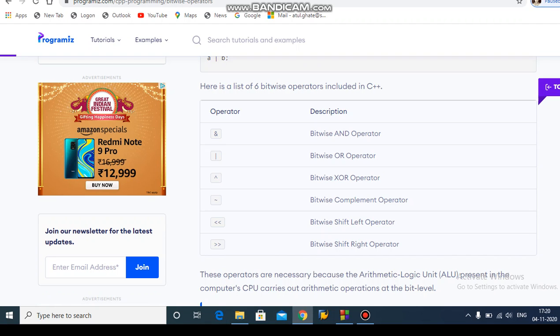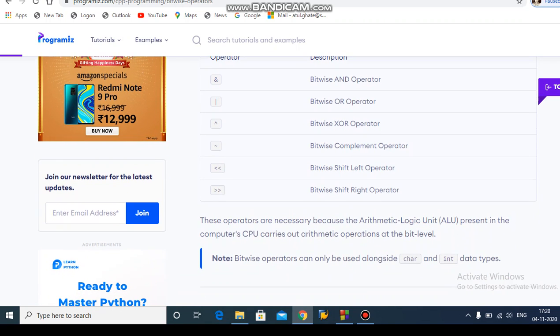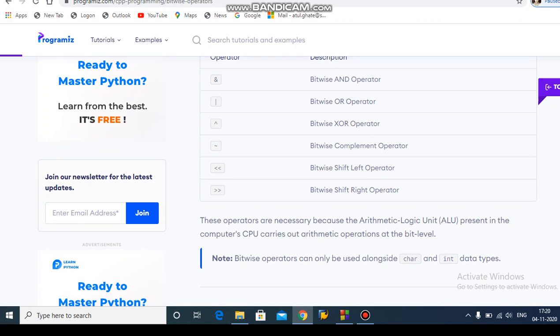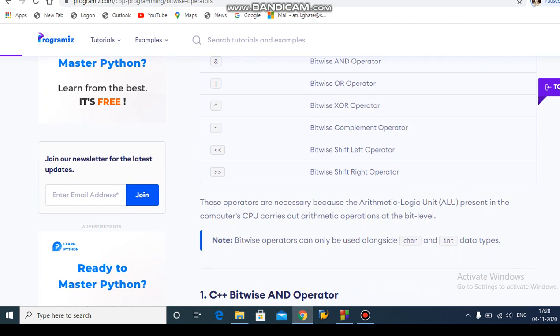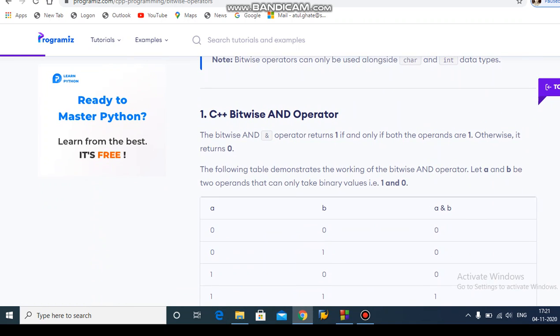These operators are necessary because the arithmetic logical unit is present in the computer. The CPU carries out all arithmetic operations at the bit level. So this note is very important. Bitwise operators can only be used alongside char and int data types. So the first one is the bitwise AND operator.